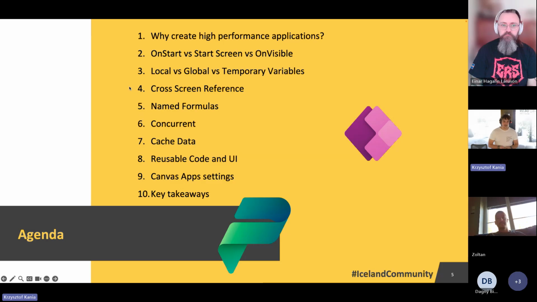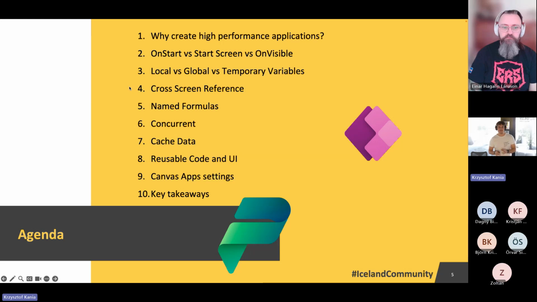Then we will deep dive into variables. We're gonna go through each possible type of variables in Canvas apps, so we will understand how to work with them, what the differences are, and when we should utilize which one. We're gonna cover cross-screen references and name formulas, and how they can change the performance of our application.